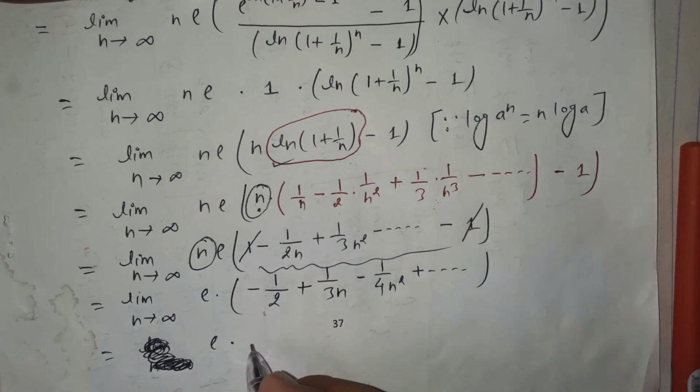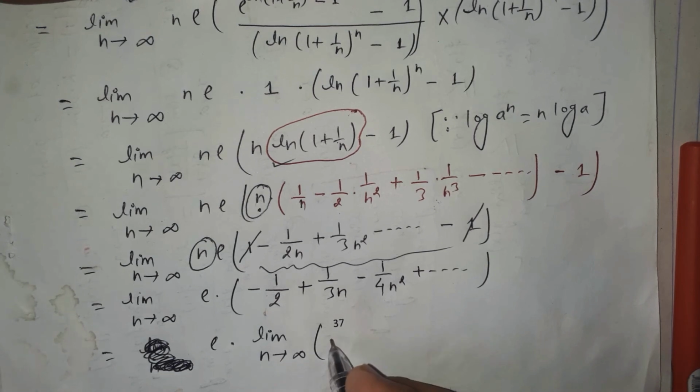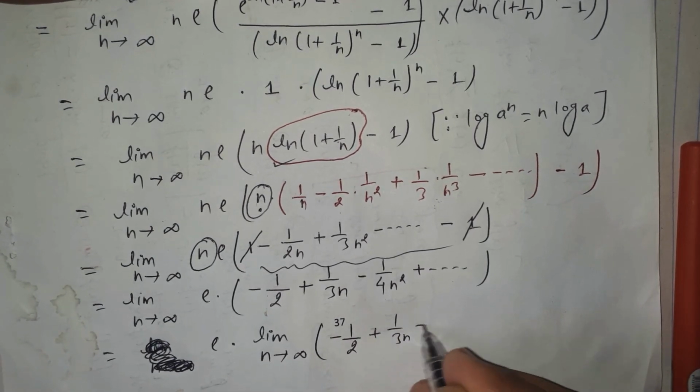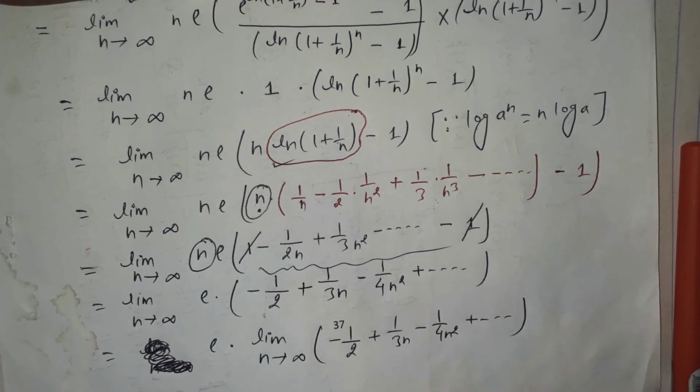This is e times the limit as n approaches infinity of 1 over 2 plus 1 over 3n minus 1 over 4n square and so on to infinity.